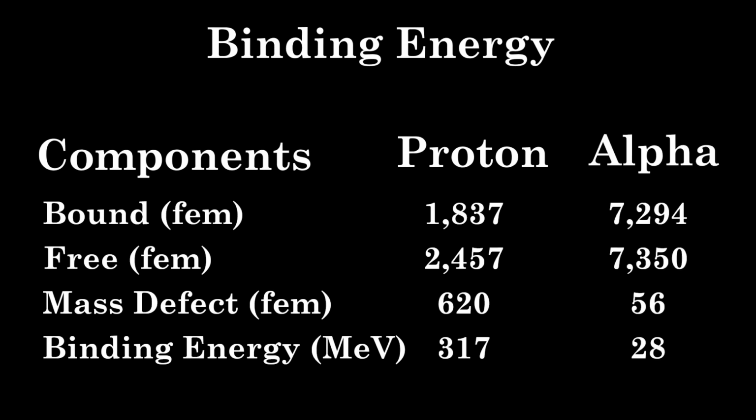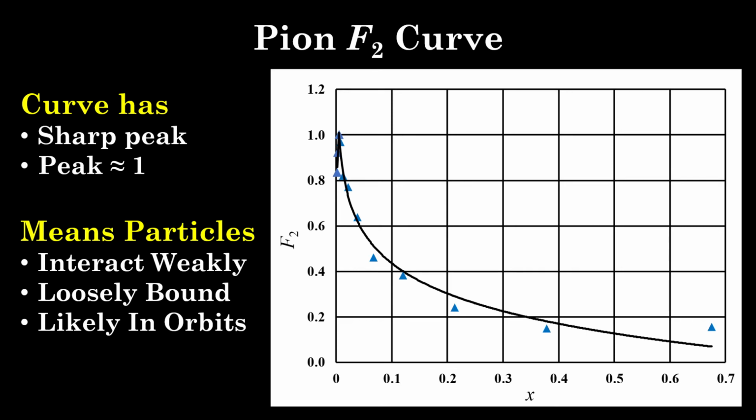This is nearly 12 times the 28.3 MeV mass defect of the alpha particle. The pions are tightly bound within the proton. The sharp peak of the pion F2 curve, near an F2 of 1, says that the beta electrons and beta positrons forming the pions do not interact strongly with each other.